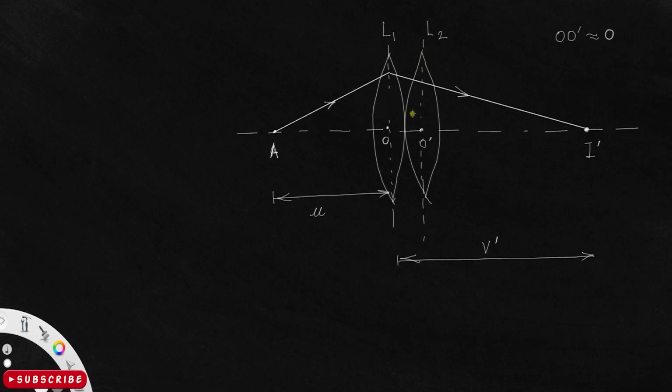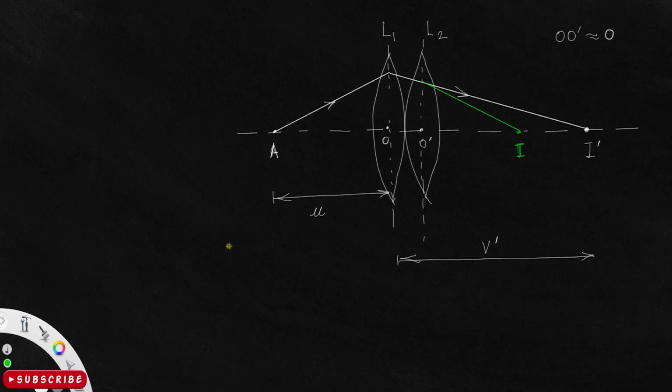Because of the presence of L2, we have a second refraction. Because of this L2, the ray gets refracted further and a final image is formed in here. Let's mark that as I. Actually, I is the final image formed. This I dash is an intermediate image.